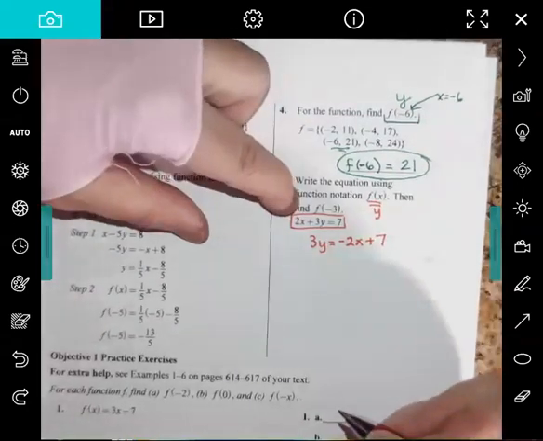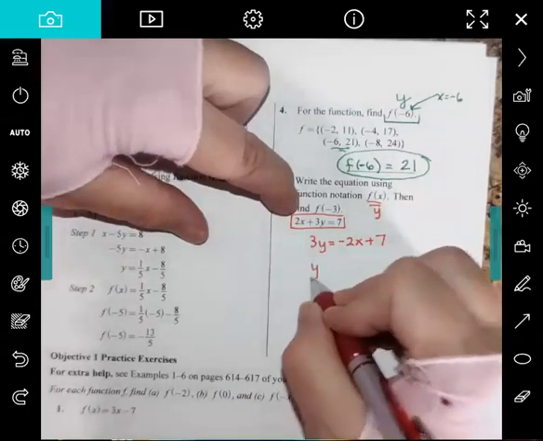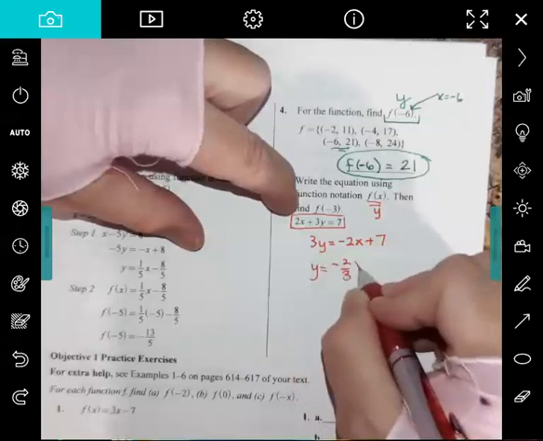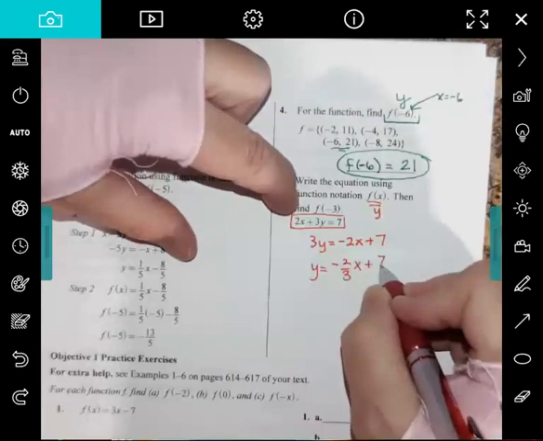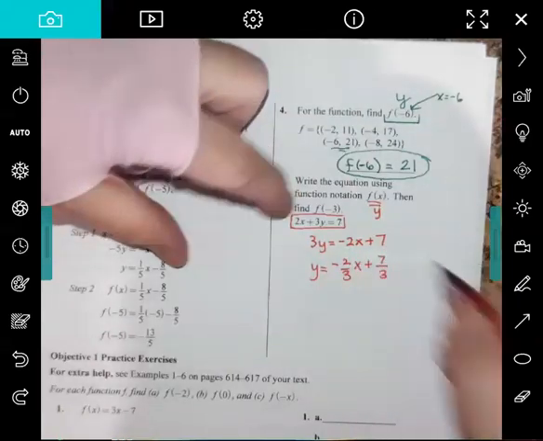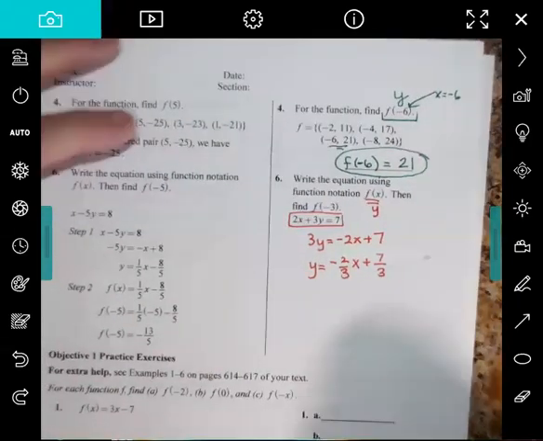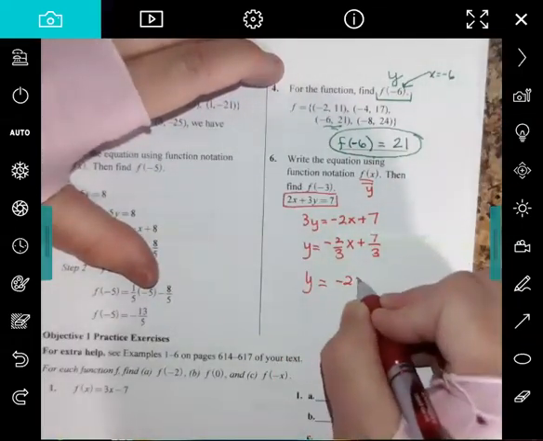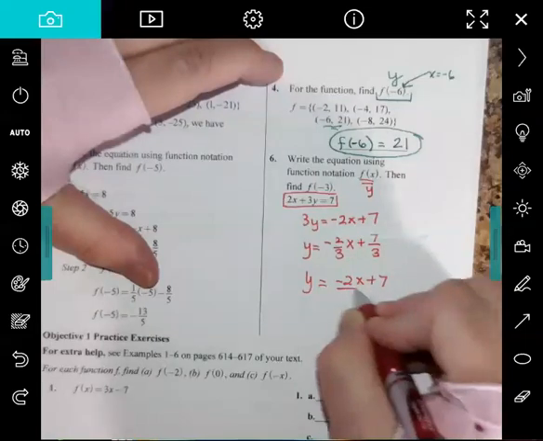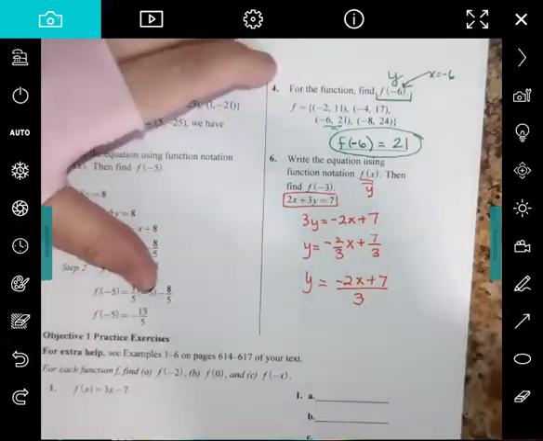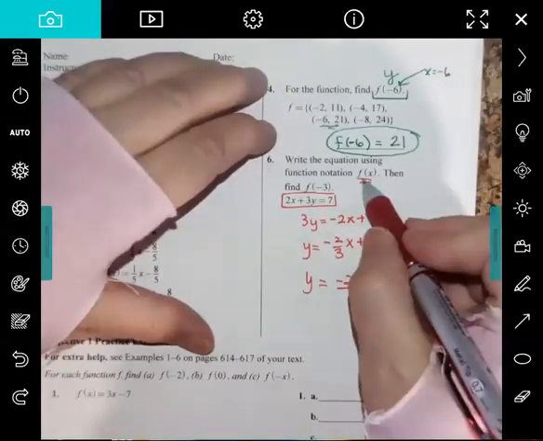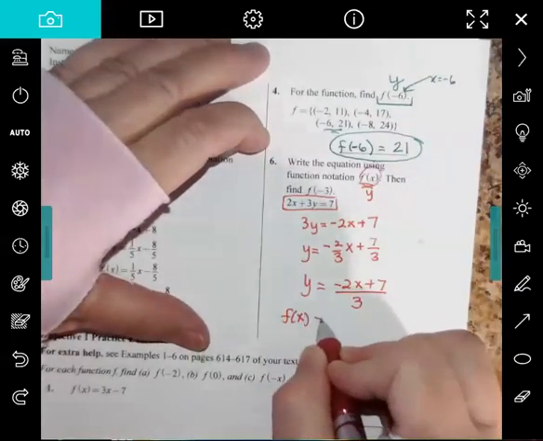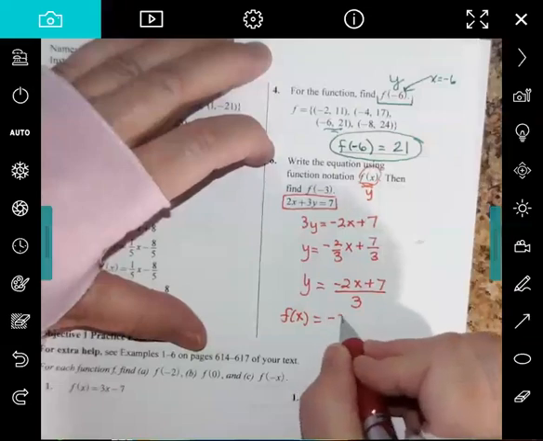Divide everything by 3. I'm just going to write it like this: negative 2/3 x plus 7/3. You could have put the whole thing over 3. It's not wrong to do it that way. So another way you could have written this is negative 2x plus 7 over 3. That's absolutely fine also. Either one. But they're saying, first of all, they want us to find f of x. So f of x is this one or that one. Just pick one.